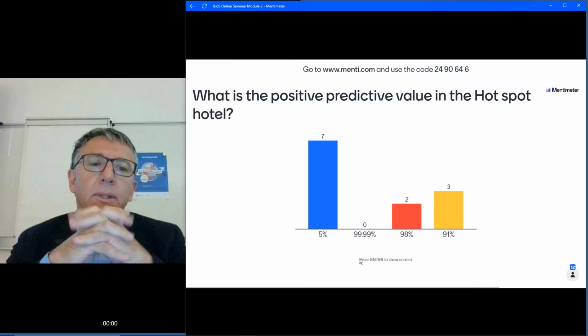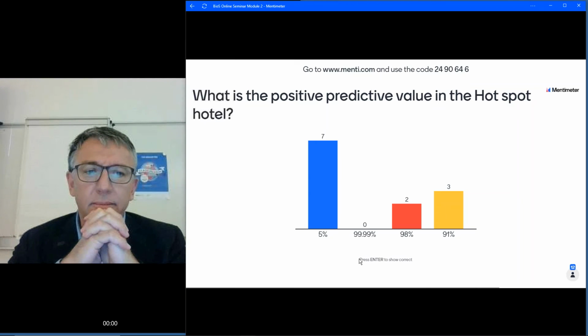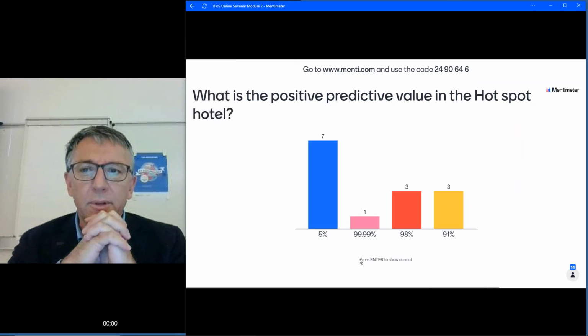Positive predictive value. So this would be the probability that Frau Meyer from the hotel with a positive test result has the disease. So Frau Meyer, coming from that hotspot, has a pretest probability of 20%.